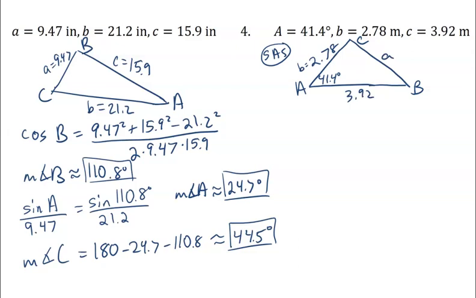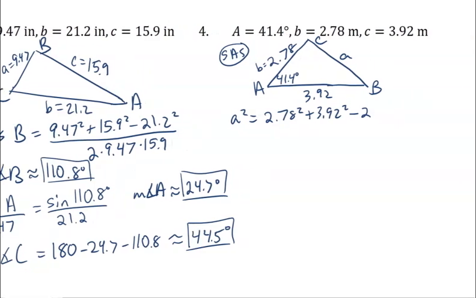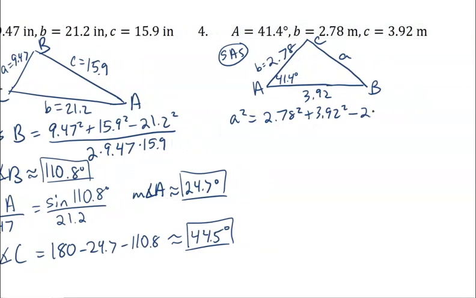All right, so first we find the third side. So A squared equals the sum of the squares of the adjacent sides, so 2.78 squared plus 3.92 squared minus 2 times, not A and B for this, but the adjacent sides. So 2 times 2.78 times 3.92 times cosine of the included angle, which is 41.4.